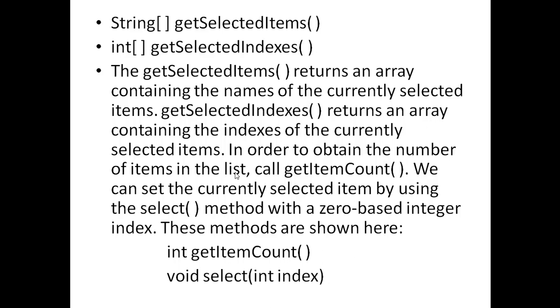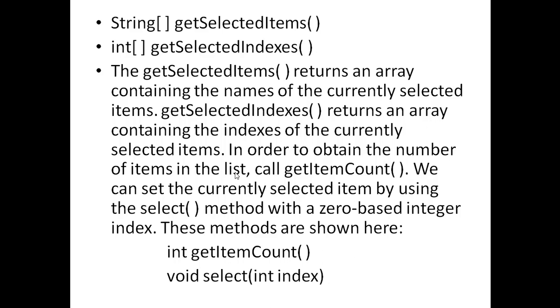These methods return arrays. The getSelectedItems method returns an array containing the names of the currently selected items, and the getSelectedIndexes method returns an array containing the indexes of the currently selected items.